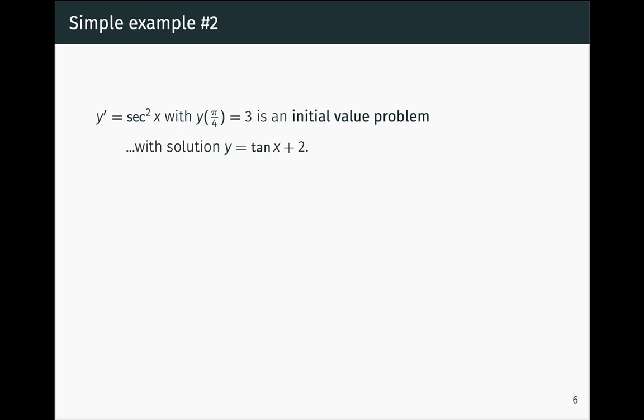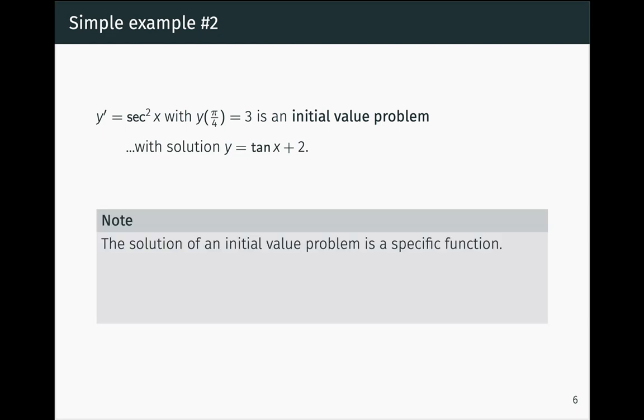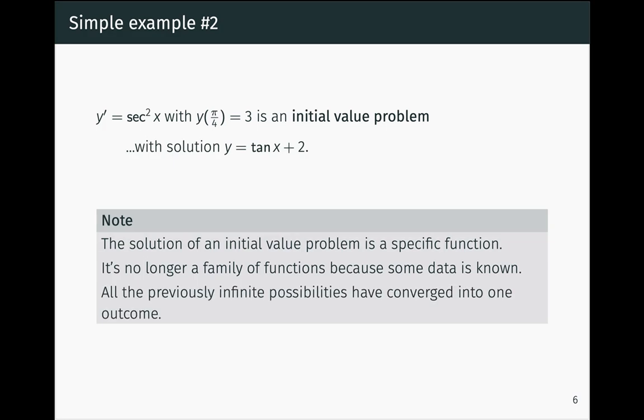We don't whack on a plus c, or in the working, we can whack on a plus c and then find the value of c, and here we go. So the solution of an initial value problem is a specific function, not a family of functions, because some data is known that nails it down. Poetically, I can say that all the previously infinite possibilities have converged into one outcome.